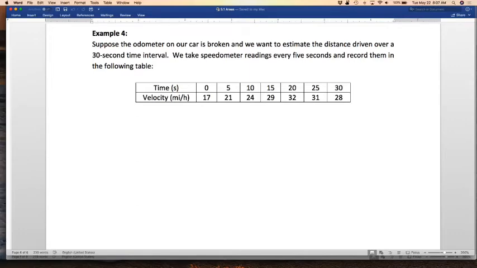So suppose that the odometer on your car is broken and we want to estimate the distance driven over a 30-second time interval. We take speedometer readings every 5 seconds and record them in the following table. Now, the first thing we should probably notice is the units on this table.